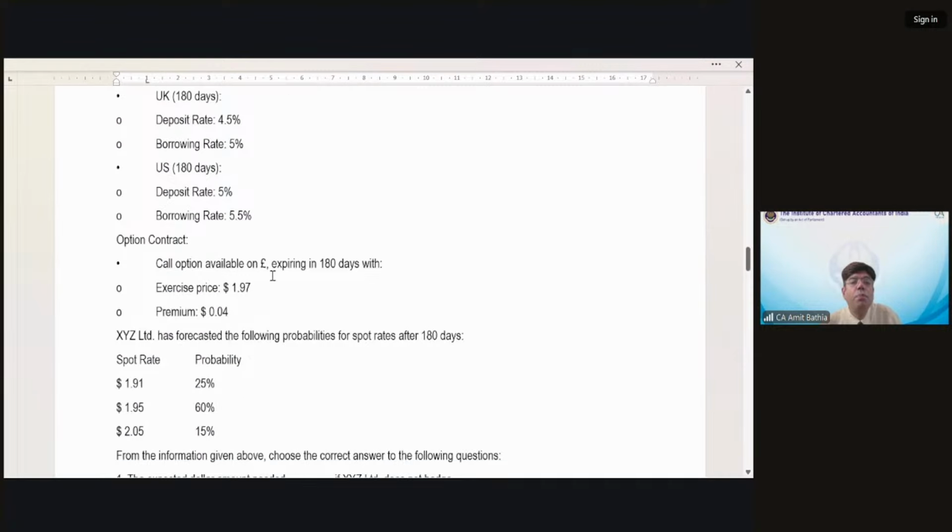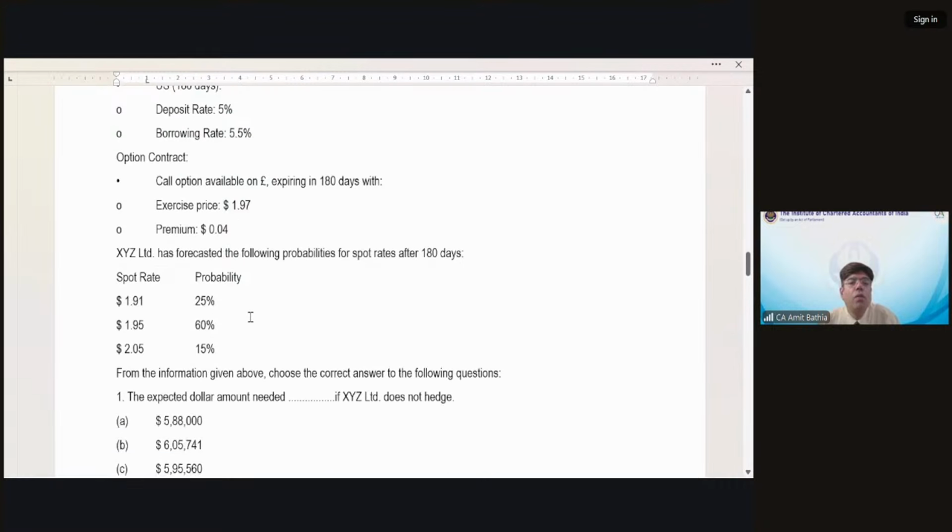Call option available on pound, expiry in 180 days with exercise price of $1.97 with premium of $0.04. Now, XYZ Limited has forecasted the following probabilities for spot rates after 180 days.